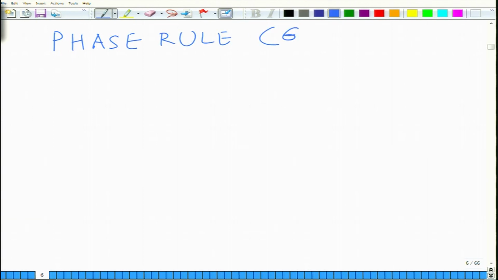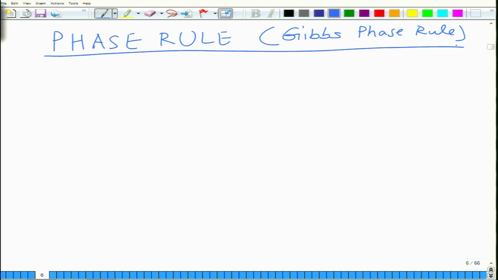Some people also call it the Gibbs phase rule. But in general it is known as the phase rule, and here we are limited to binary systems, mainly binary and perhaps unary systems, but it is possible to extend this to other systems as well.